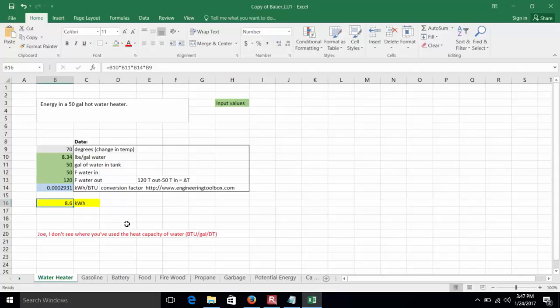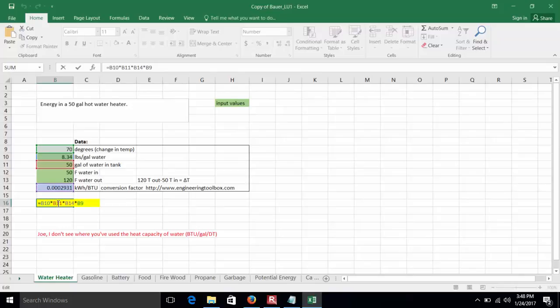Yeah, because he didn't. So this might not even be the right answer, but if you see here, heat capacity of water, you actually have to have BTUs per gallon. What exactly? So he's missing BTUs per gallon. So this answer is actually incorrect.